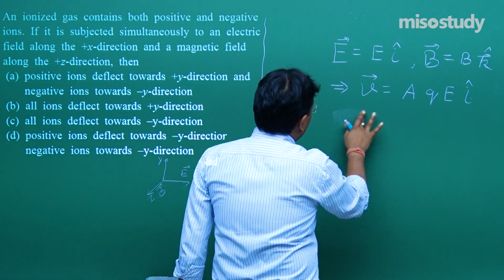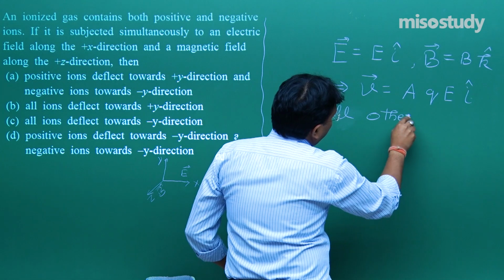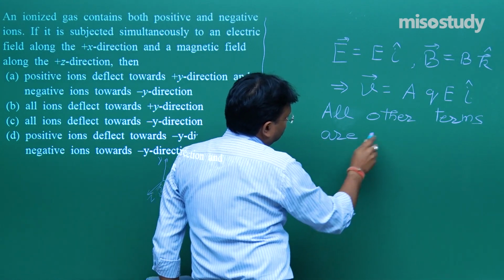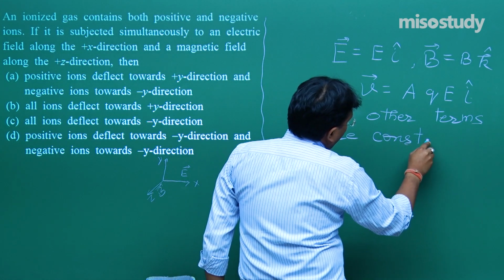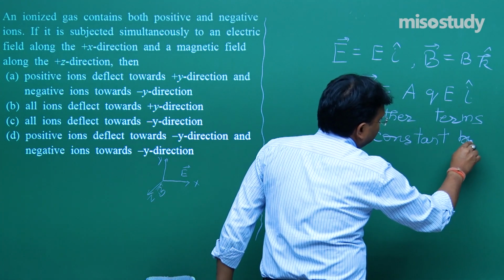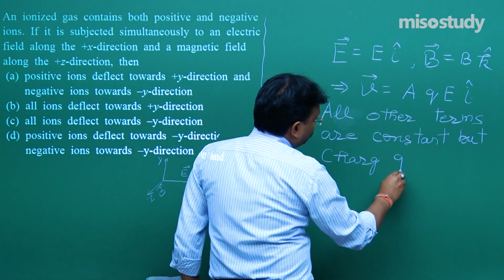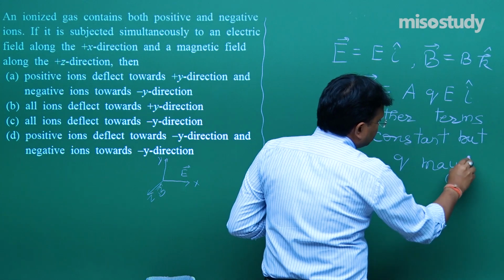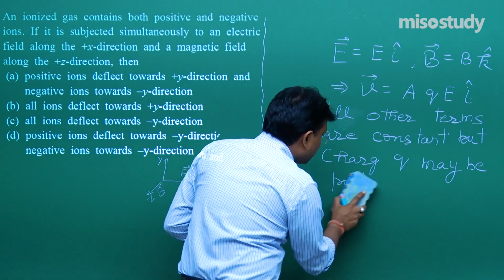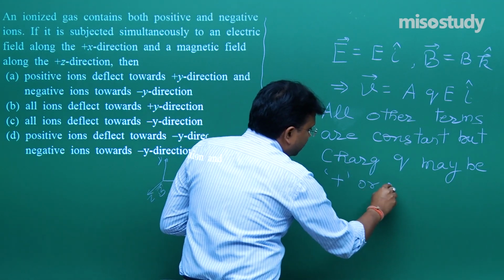So, I think I should write down the complete line. All other terms are constant, means they are not changing, but the charge q may be positive or negative.